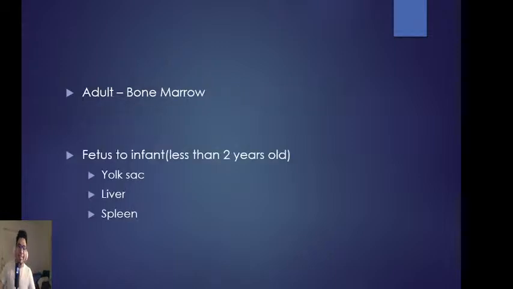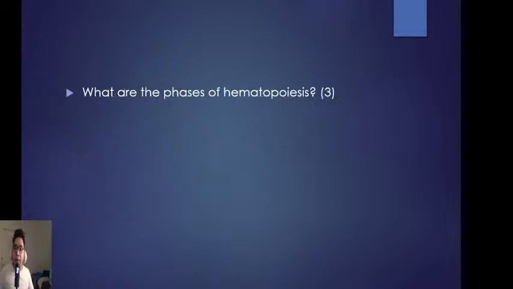All right? Okay, so this is the summary of what I've said. Now, there are three phases of hematopoiesis. What are the three phases of hematopoiesis?